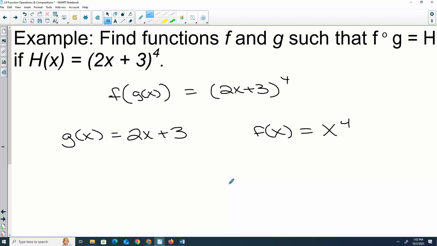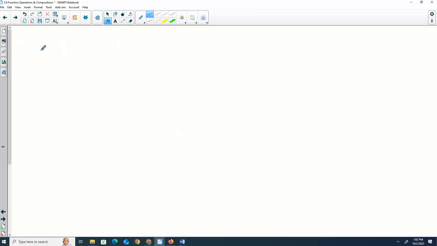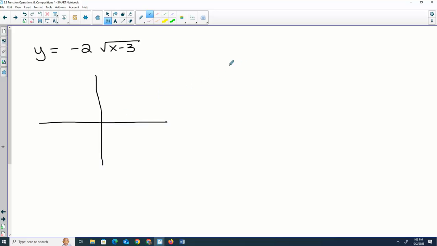So if I give you something like negative 2 square root of x minus 3, could you graph the parent function and your final transformation? What would your parent function be? Square root graph. Remember, I expect some exact points. So the square root of 0 is 0.